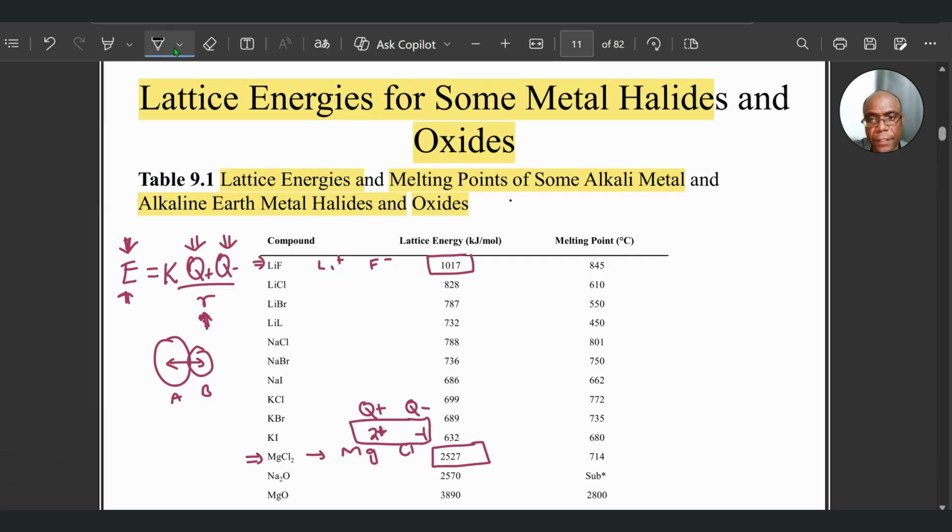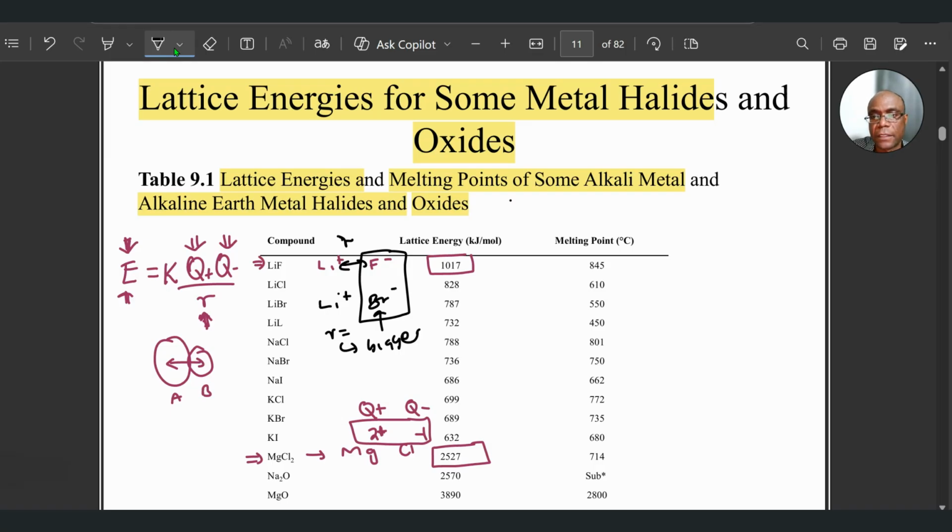Now let's compare the lithium fluoride and lithium bromide. The only difference is going to be the size of the anions. And so you expect that since Br is bigger, the R is going to be bigger compared to the R, the radius between the Li plus and the fluorine.